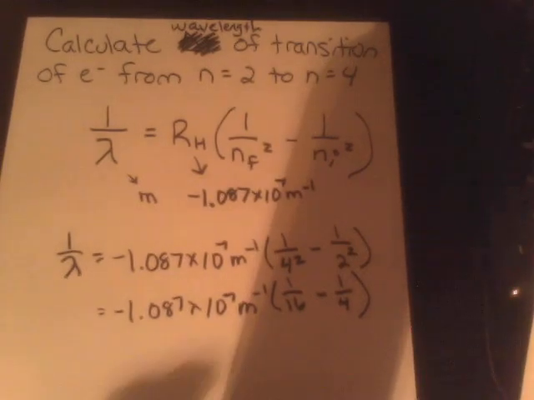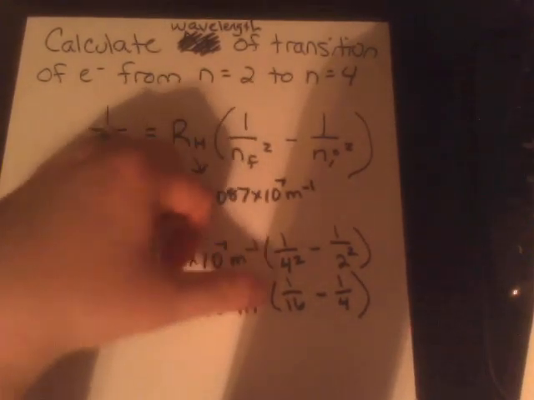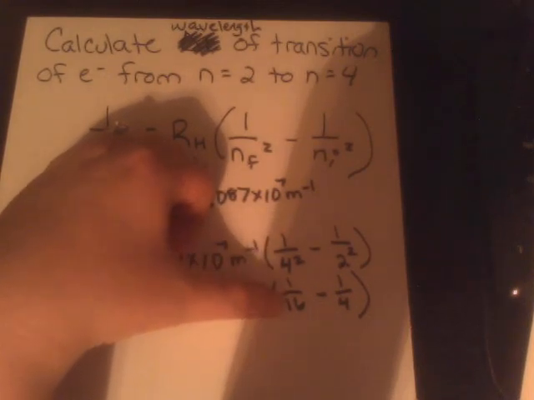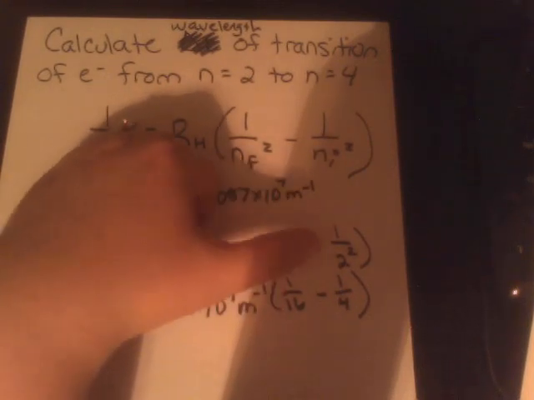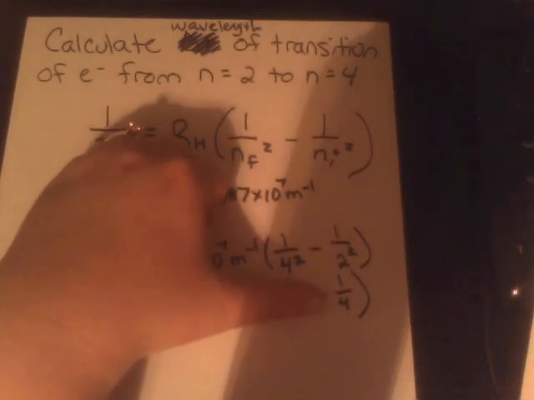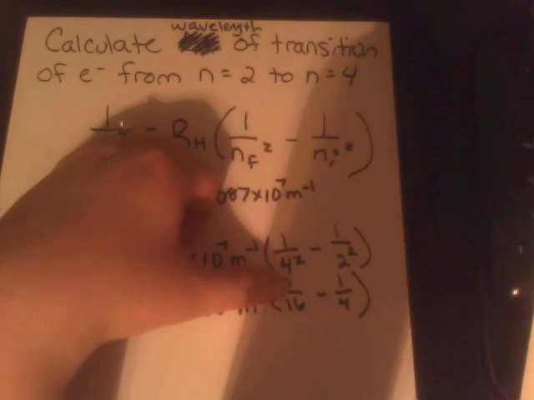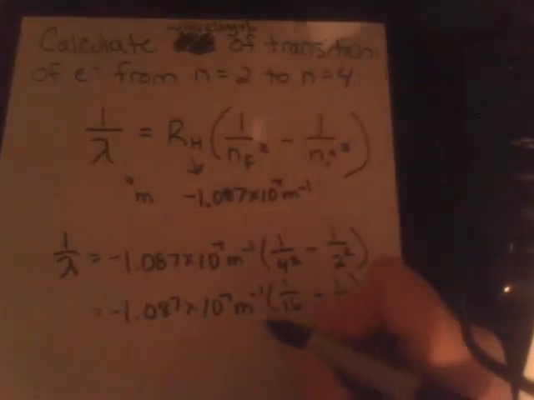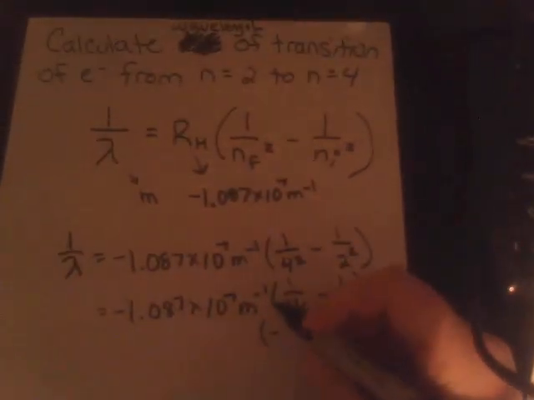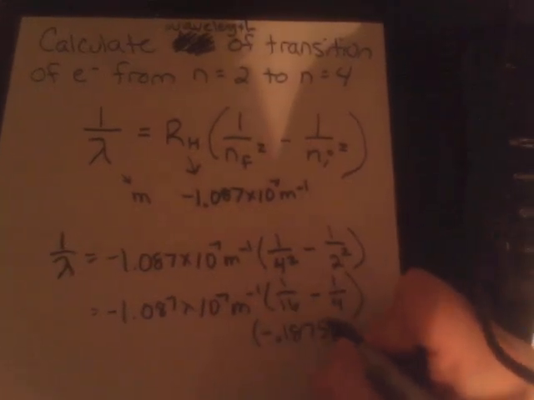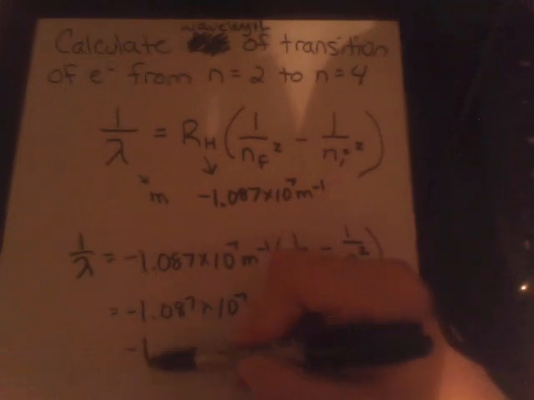I've seen a lot of times people type this in their calculator incorrectly. 1 over 16 is a decimal number, a small number. 1 over 4 is 0.25. So we're actually going to end up getting a negative number here, negative 0.1875. And our Rydberg constant stays the same.